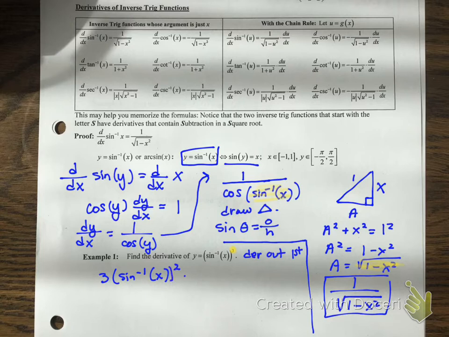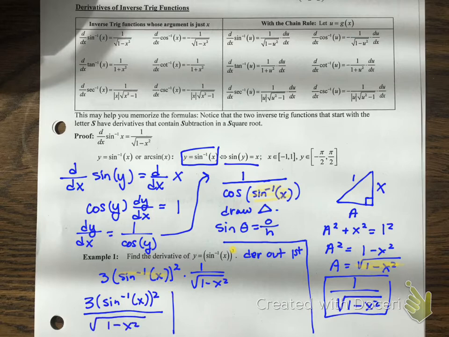And then I have to take the derivative of the inside. And we just know that the derivative of inverse sine of x is 1 over the square root of 1 minus x squared. Okay, so if I put the pieces together, I get 3 times inverse sine of x squared all over the square root of 1 minus x squared. So this is my answer for example number 1.